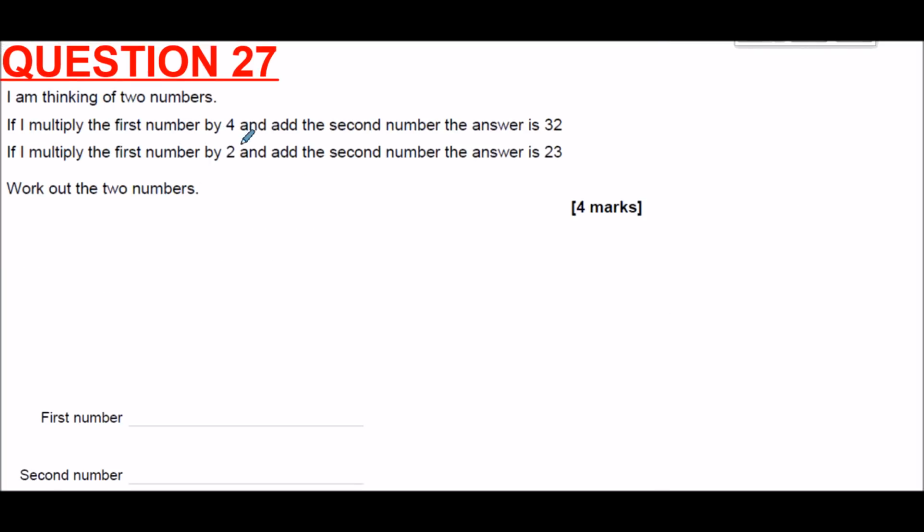Question 27, the last question on the entire paper, and this is an awkward simultaneous equations one. So it revolves around two numbers. So first number and a second number.